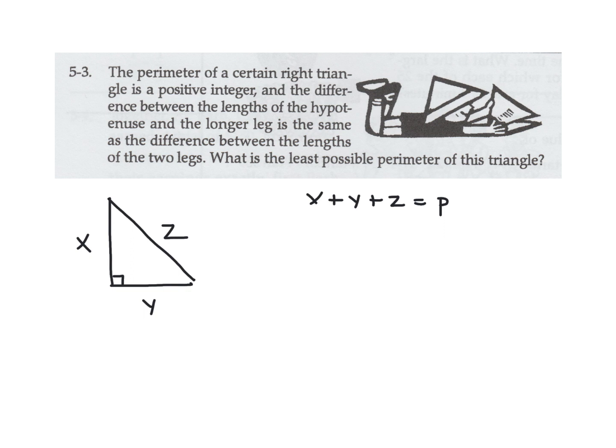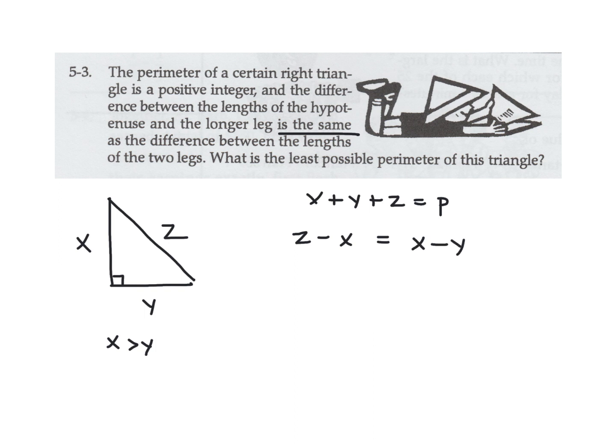Well, we don't know which is the longer leg here, so let me just say x is greater than y. That means x is the longer leg. So their difference is going to be z minus x. That equals the difference between the lengths of the two legs. So that would basically be x minus y.